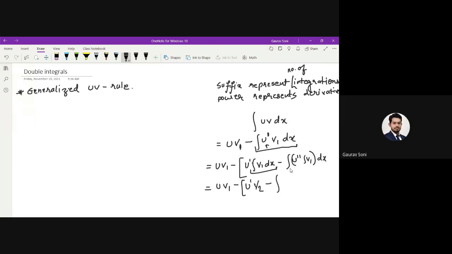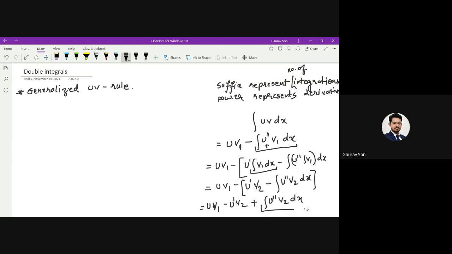Minus integration u double dash v2 dx. If I open the bracket, u v1 minus u dash v2 plus integration u double dash v2 dx.